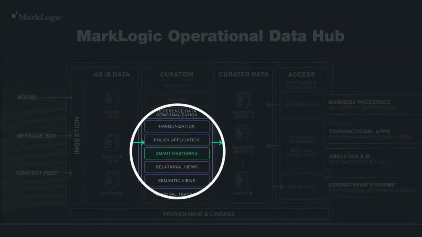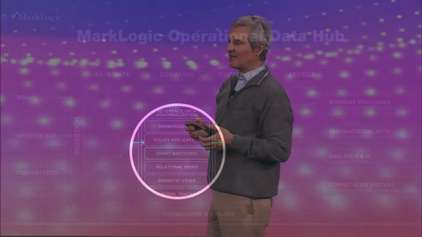And if you look inside that data hub graphic, you'll see this unassuming little box called Smart Mastering. And that's the second thing that we're introducing today. Smart Mastering is an incredible collection of technology that can do fuzzy thinking. And what I mean by that is it can look at a record that says Patricia Richards and a record that says Pat Richards and say, well, you know, Pat and Patricia, those are often the same name.